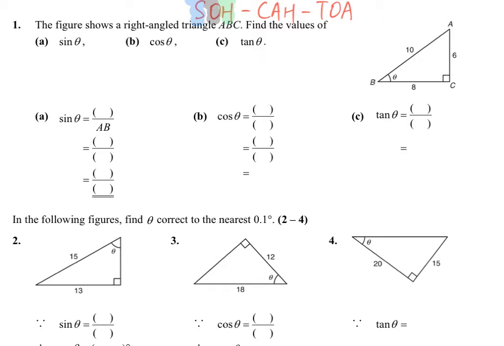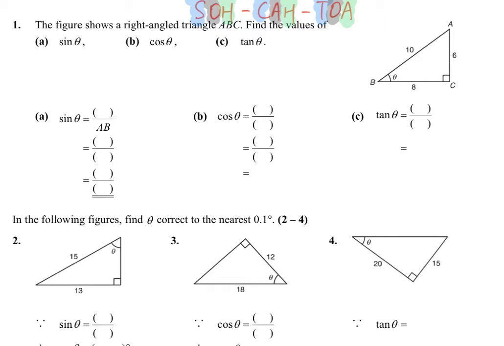And cosine theta equals the adjacent side of theta over the hypotenuse. For tangent theta, it equals the opposite side of theta over the adjacent side of theta.